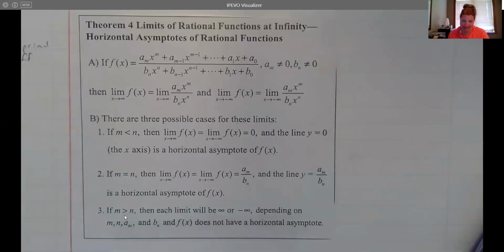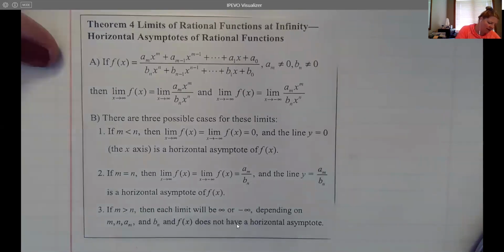If m is bigger than n, then you're going to be going to, as you put in the infinity and the negative, depending, this is our hard case. Let me show you this.